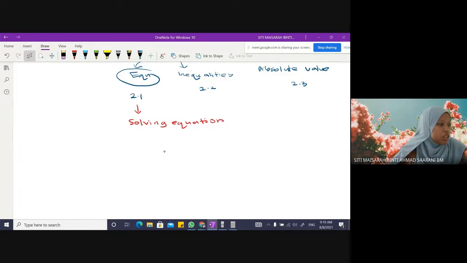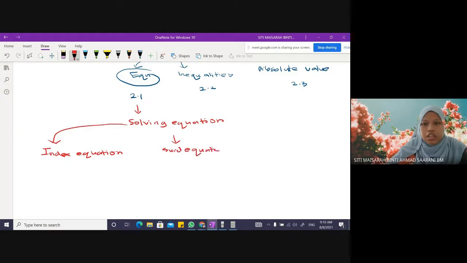What type of equation? The first is solving index equation. The second one is surd equation. And then the third one is logarithm equation.